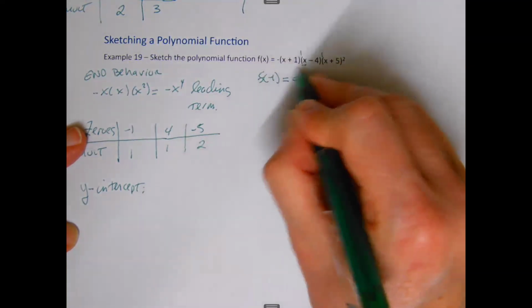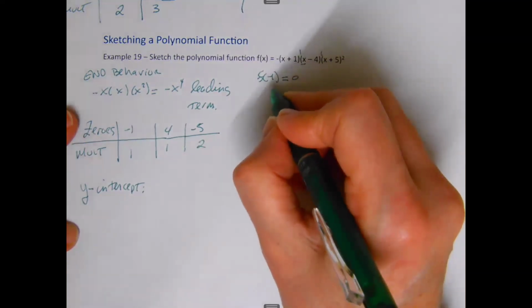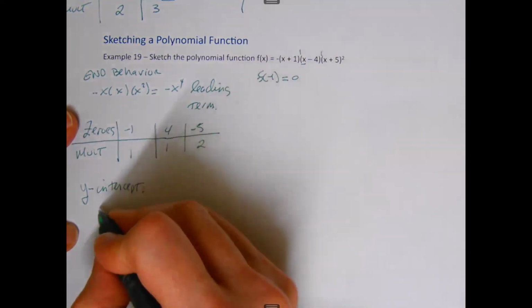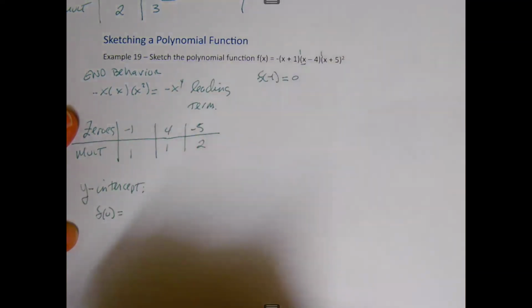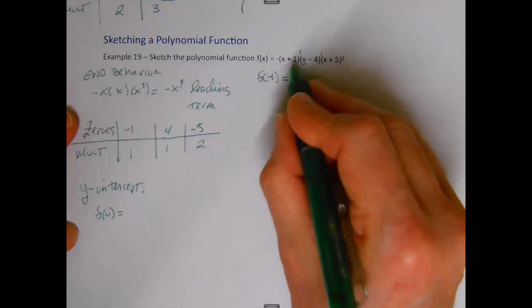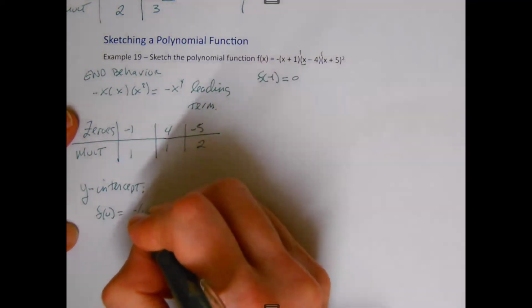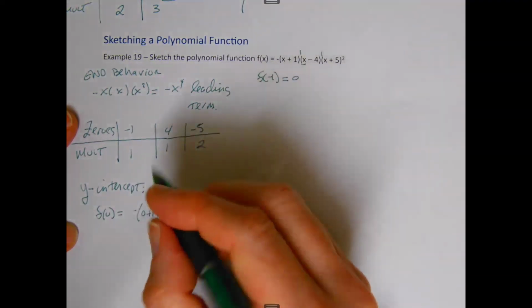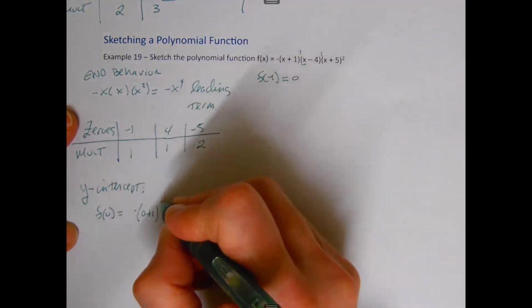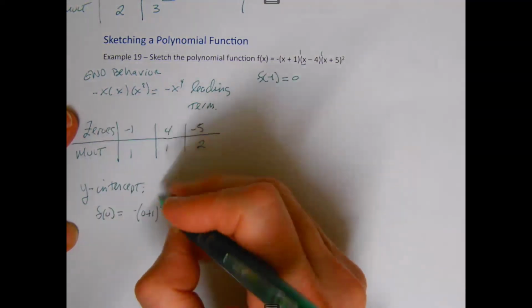So if I enter -1 here, this will become 0. But the y-intercept is different. I'm entering 0, but I'm not going to get 0. Maybe I will, but I don't have to. So if I enter 0 here, what would happen? If it did come out 0, then it would be a zero, but I don't think that's going to happen here because it would have shown up a minute ago.